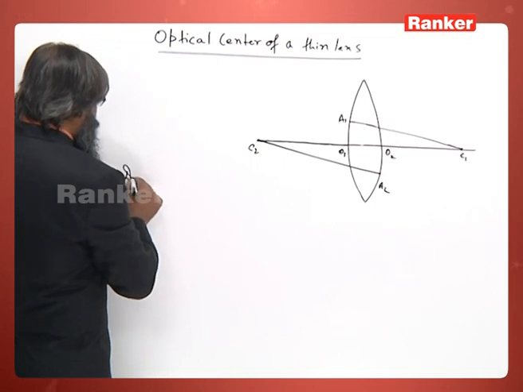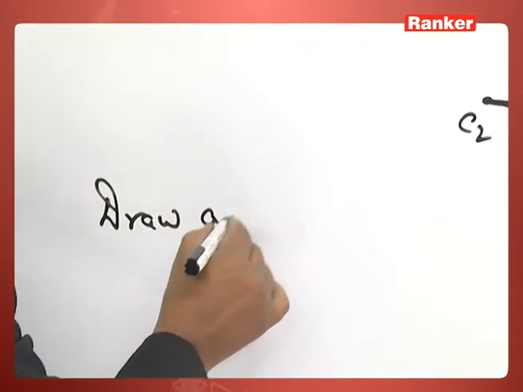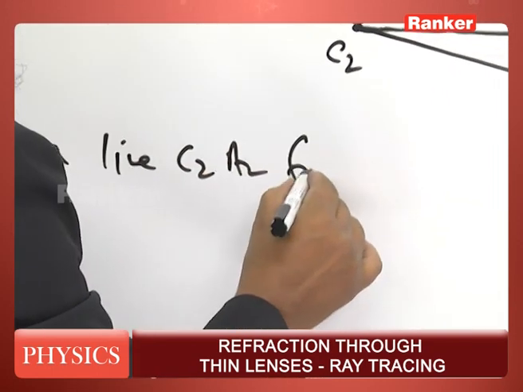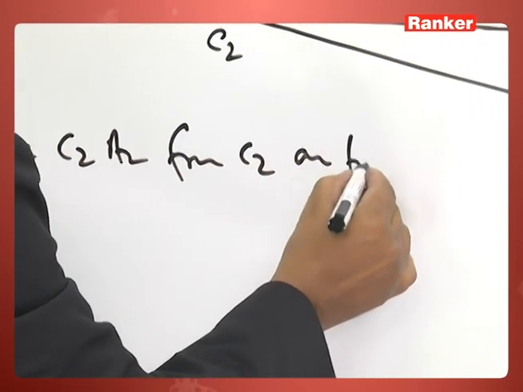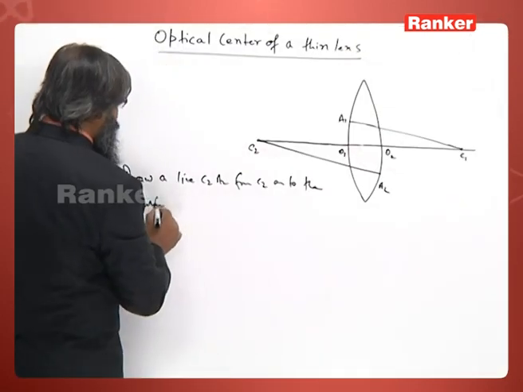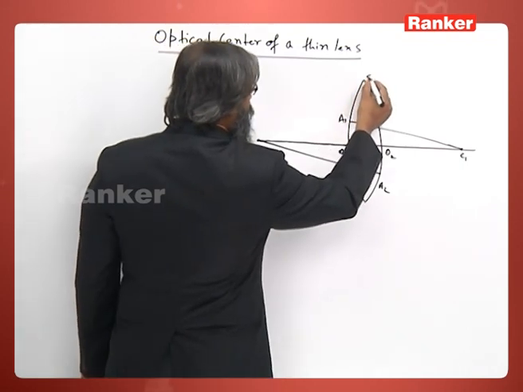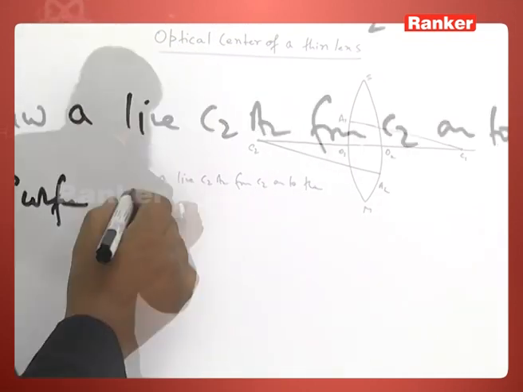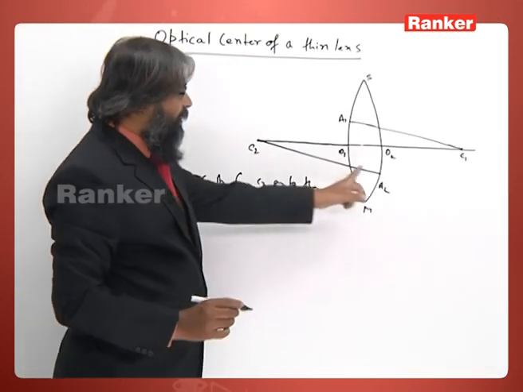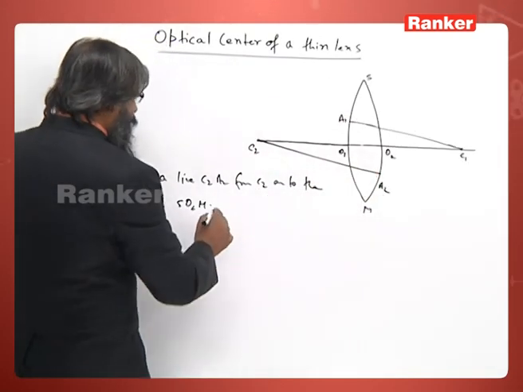So, draw a line C2A2 from C2 onto the surface SO2M. This is an arbitrary line.